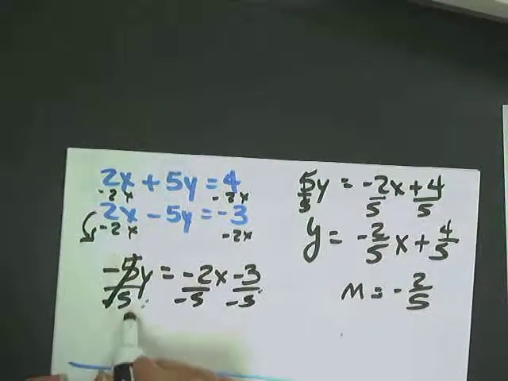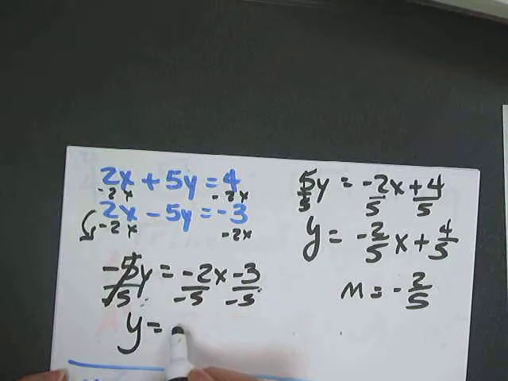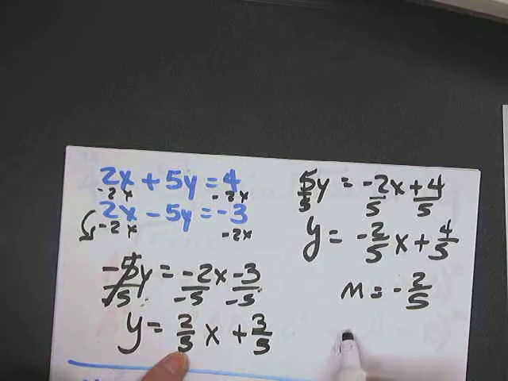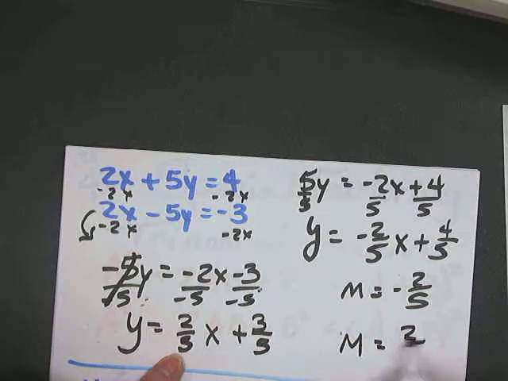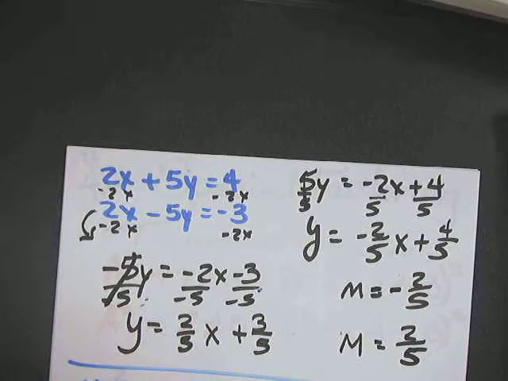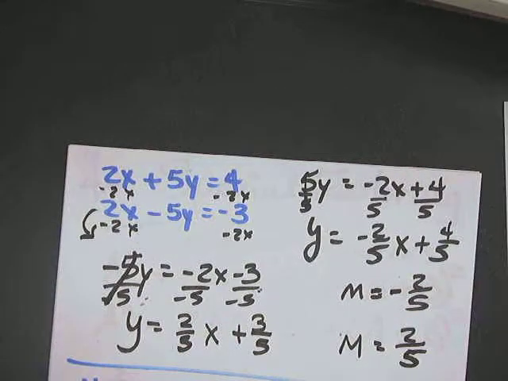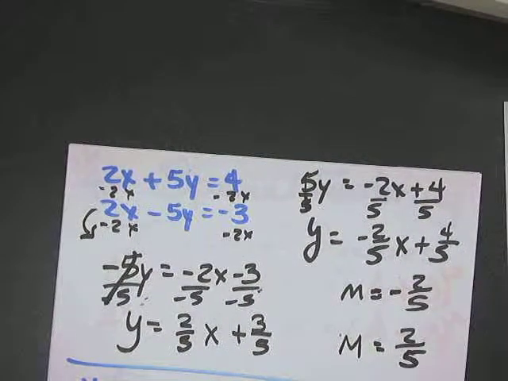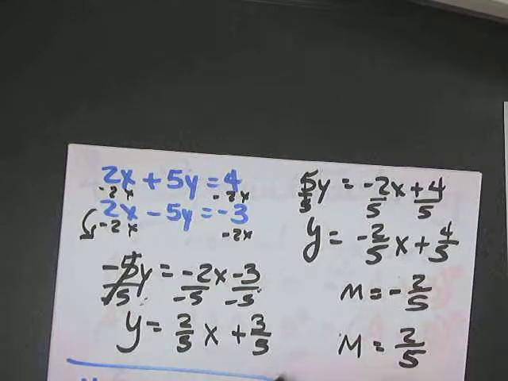Divide everything by 5. So we have y equals negative 2/5 x plus 4/5. So our slope here is negative 2/5. Do this one, we're going to subtract 2x again. So we've got negative 5y equals negative 2x minus 3, right?